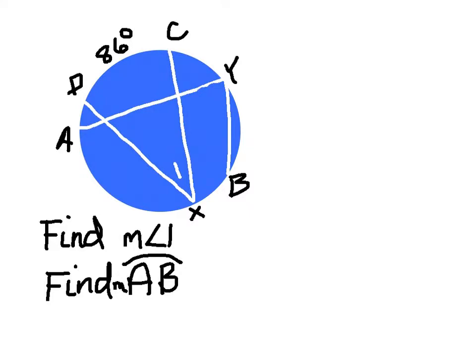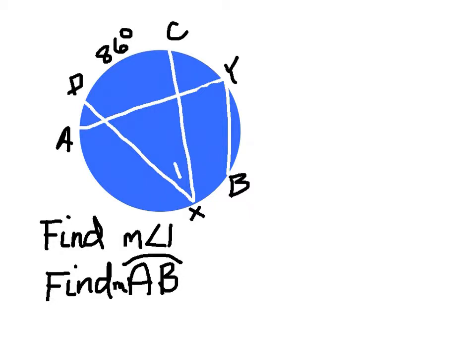We can call it angle X, and decide in your mind if it's an inscribed angle. So yes, it is, because the vertex is on the circle and it intersects the circle in 2 other places. And then also decide if this angle right here is an inscribed angle.